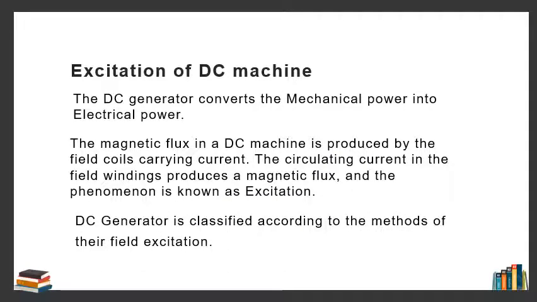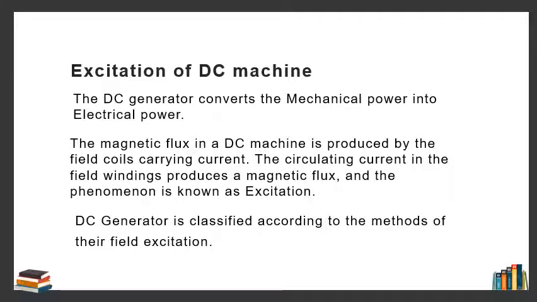The excitation of the DC machine. The DC generator converts mechanical power into electrical power. The magnetic flux in a DC machine is produced by the field coil carrying current. The circulating current in the field winding produces a magnetic flux, and the phenomenon is known as excitation.